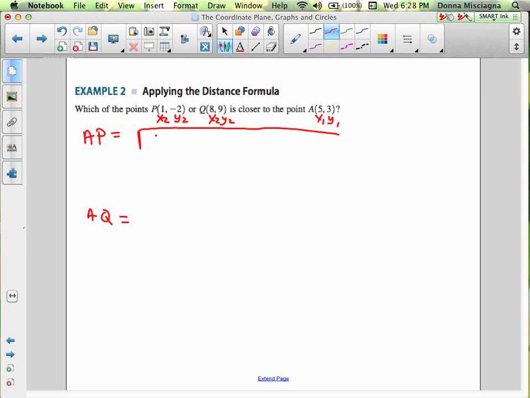All right, so we have 1 minus 5 squared, the difference in the x-coordinates squared, and the difference in the y-coordinates squared, negative 2 minus 3 squared.